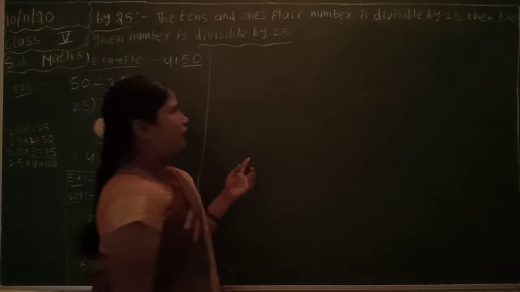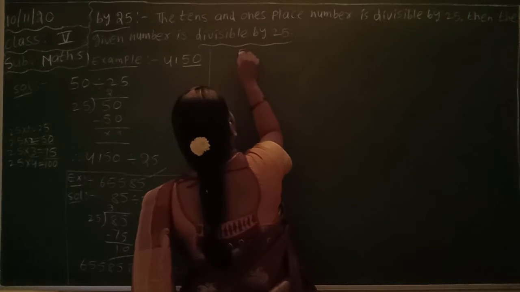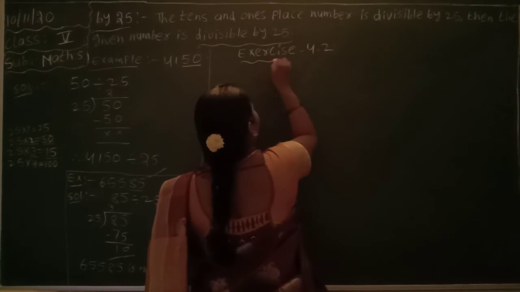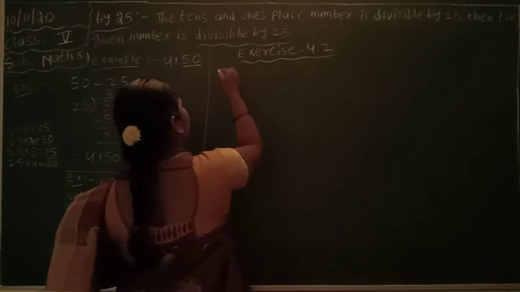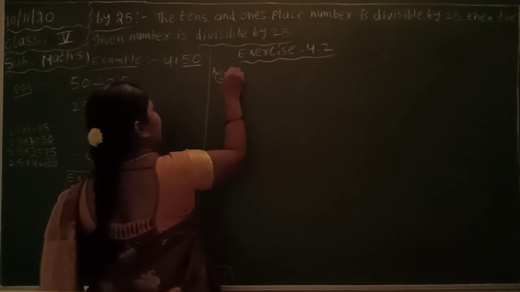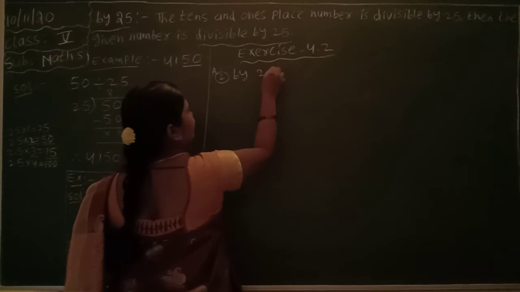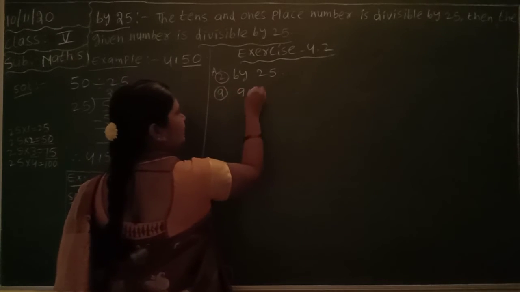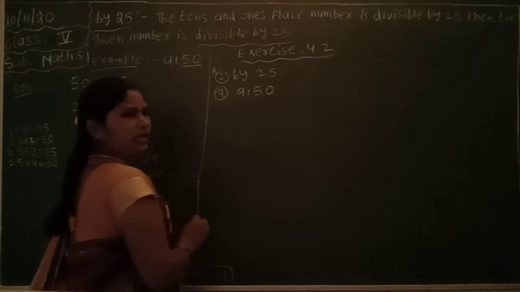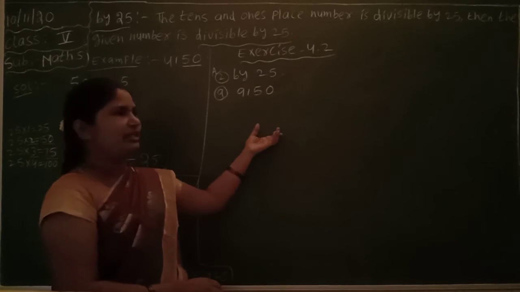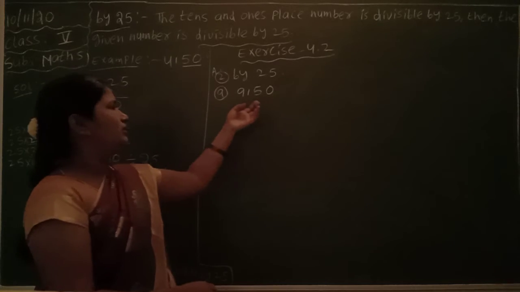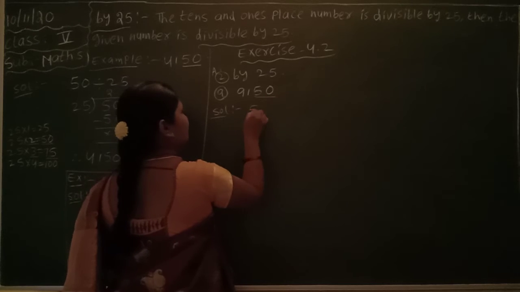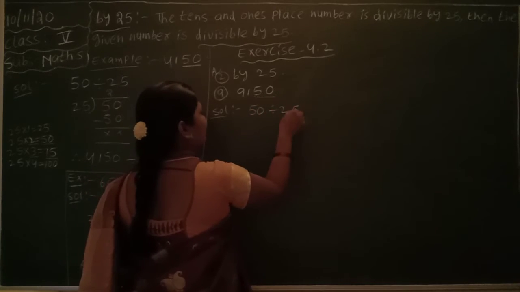Same like this in your Exercise 4.2, second bit, that is by 25. In this, the first question, 9150. Here you have to check whether the given number is divisible by 25. Check the tens place and ones place number: 50. 50 is divisible by 25.